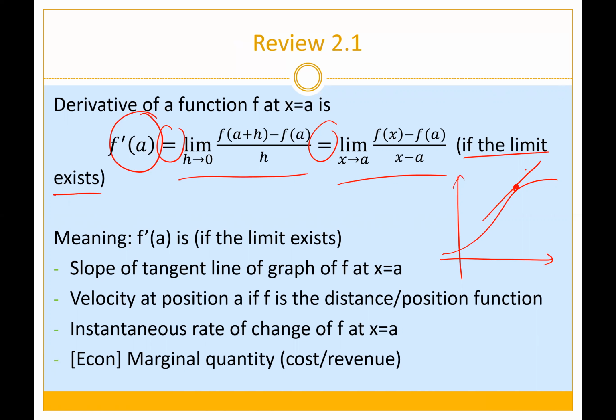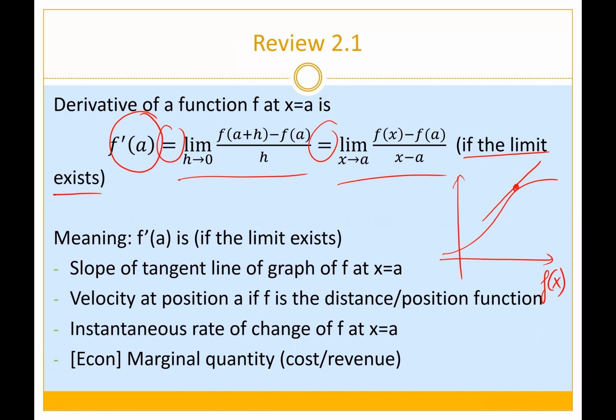So you need to know how to find the tangent, and the derivative at a point, if that limit exists, will be the slope of that tangent. If you want to find the equation of a line, you need a slope.